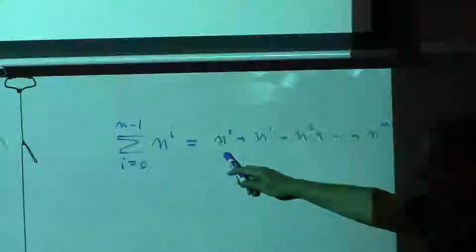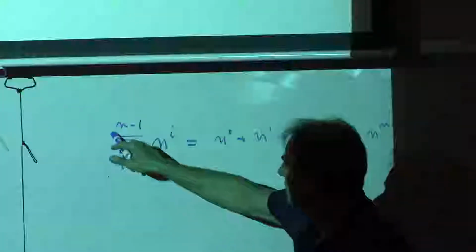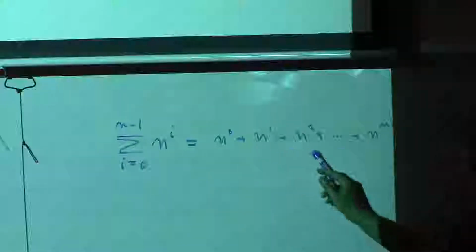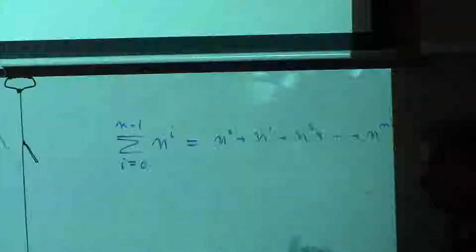Now, if you were to graph this function, what do you think this function would look like as the value of n is increasing? So for example, if you just look at this one, this is 1. Because eventually, let's say we go from 0 to 3. So it's just going to be 0, 1, 2, 3, right? We go to 4, 0, 1, 2, 3, 4. What do you expect this function to be doing?